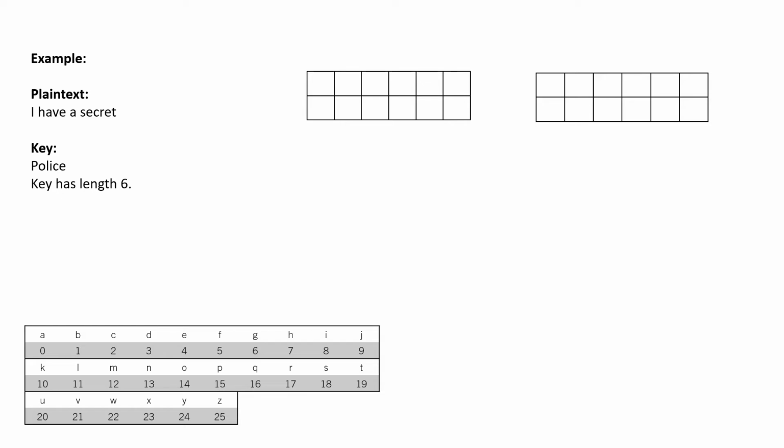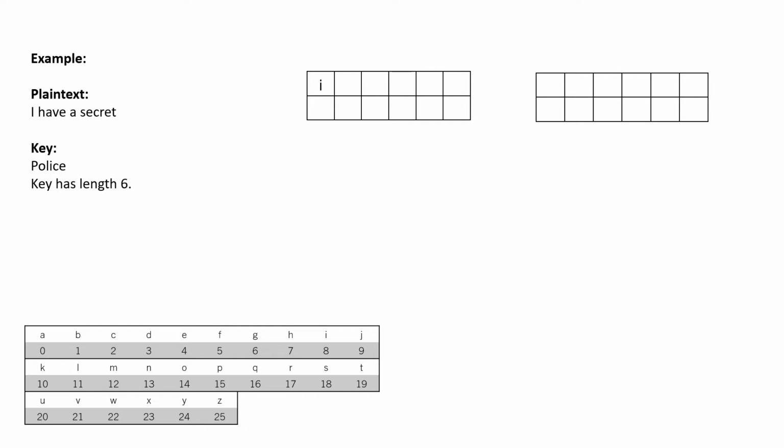The plain text I have a secret is a string of 12 characters, and the key police has a length of 6. So that means that we can divide the plain text into 2 blocks, each of size 6. So we populate our table by just simply adding each character in each cell.